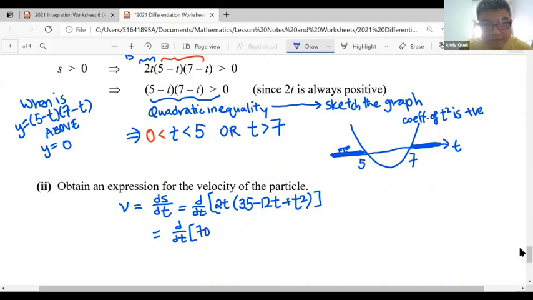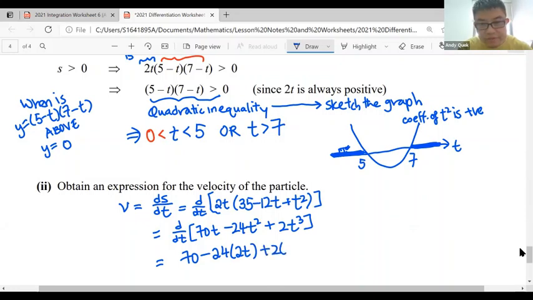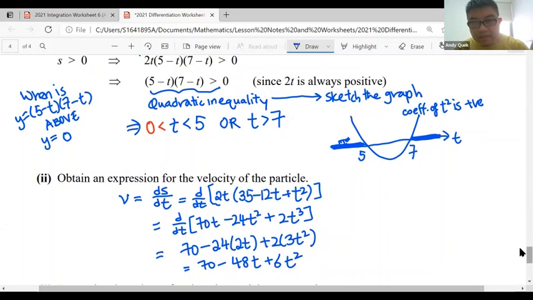So you have 70t minus 24t squared plus 2t cubed. Now that it's expanded, it's very easy. I just differentiate term by term. 70, minus 24 differentiate t squared is 2t, plus 2, differentiate t cubed is 3t squared. Okay, so the expression for velocity is this, which is a quadratic in t.